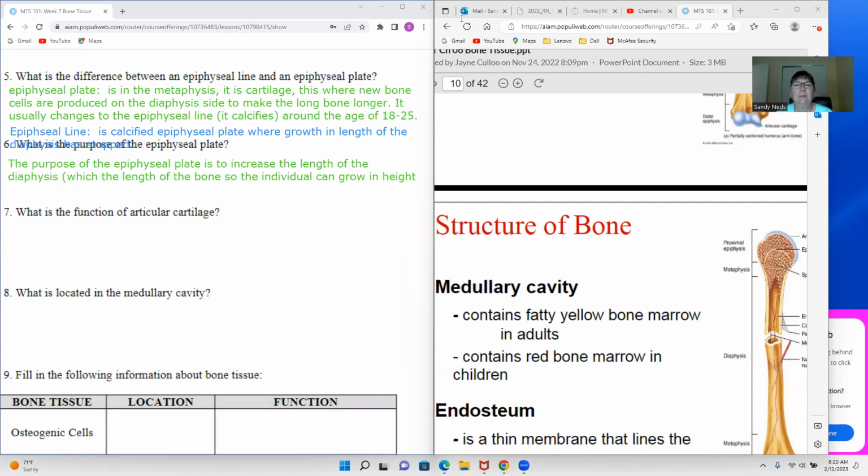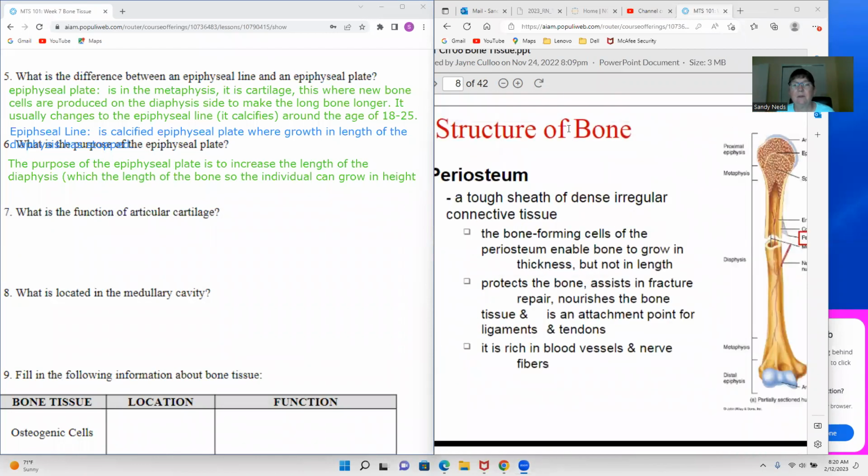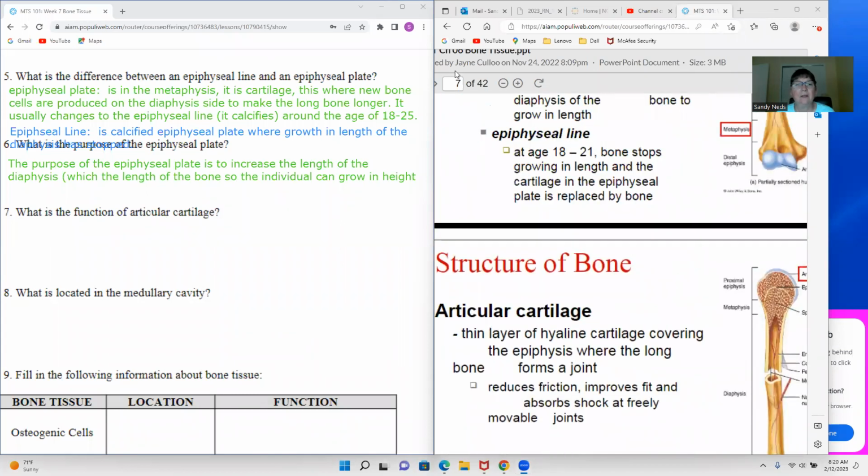So let's put the medullary cavity in red. Oh, I guess first question I better answer is blue, the articular cartilage. What is the function of the articular cartilage? So let's get up to the articular cartilage. And let's go back into this.